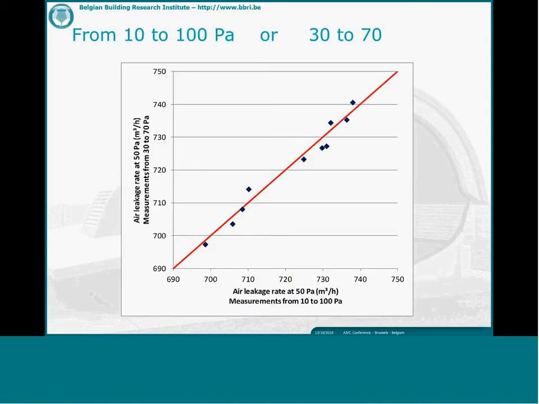There are also people who try to measure from 30 to 70 Pascals in place of 10 to 100. And we used the results we had to make the calculation from 10 to 100 or 30 to 70. And as you can see on the chart on the screen, there is not a large difference for the results at 50 Pascals.